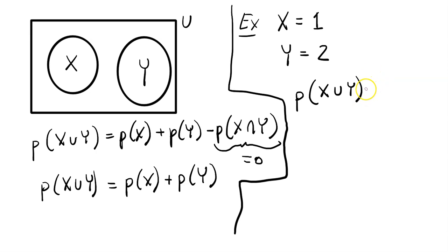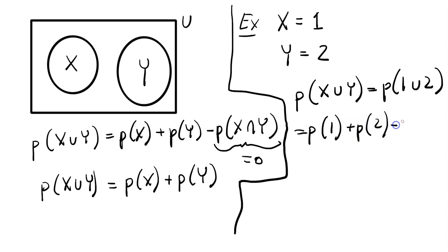Yeah, that means that 1 or 2 will happen. Okay, according to this addition rule now, we can write this as the probability for 1 to happen plus the probability for 2 to happen minus the probability for both to happen.